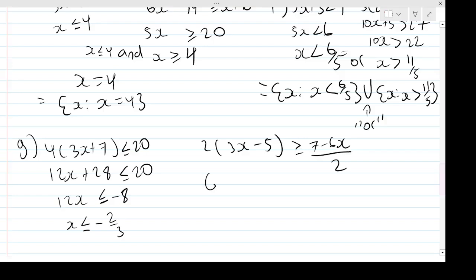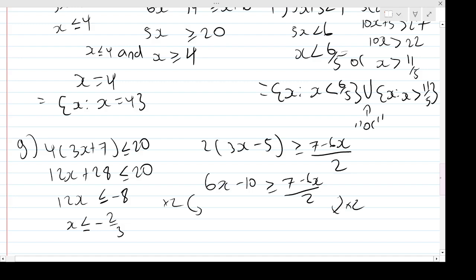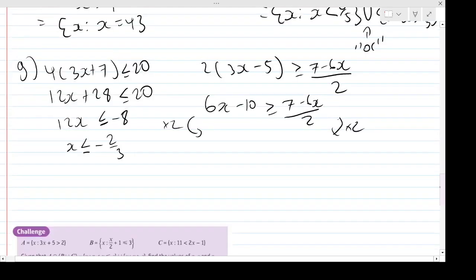The left side gives 6x minus 10 is greater than or equal to 7 minus 6x over 2. Now, I do not like this fraction, so I'm going to times both sides of the inequality by 2 to get rid of it. If we double everything, we get 12x minus 20 greater than or equal to 7 minus 6x.